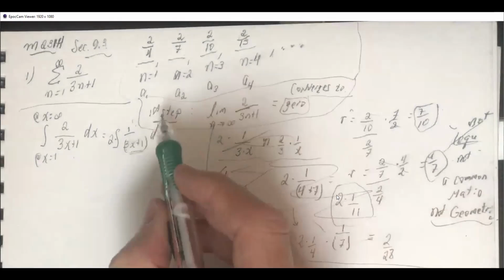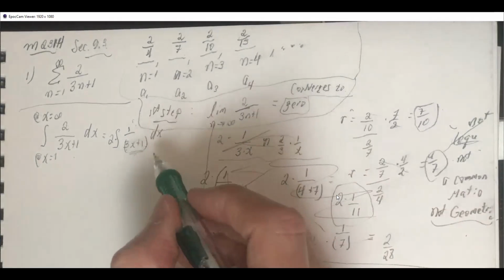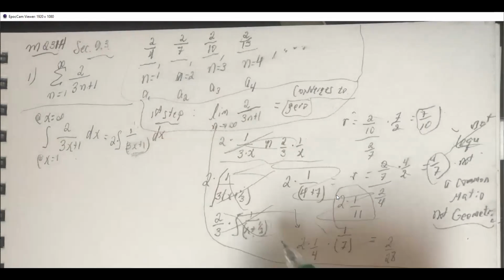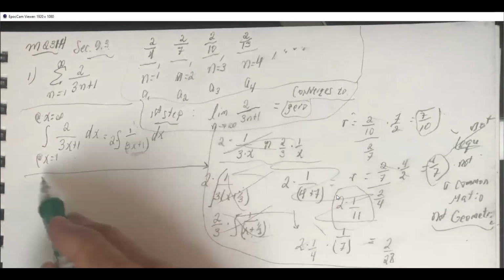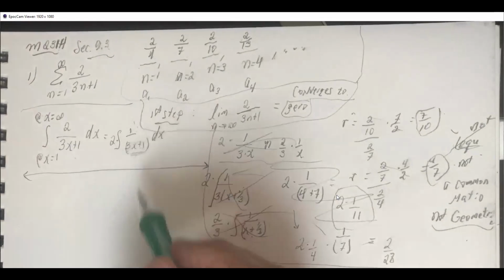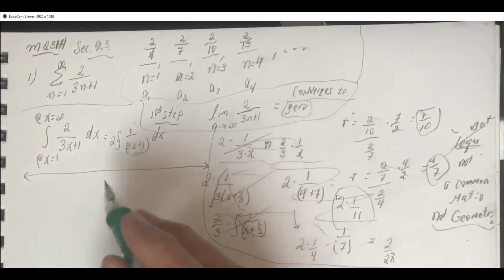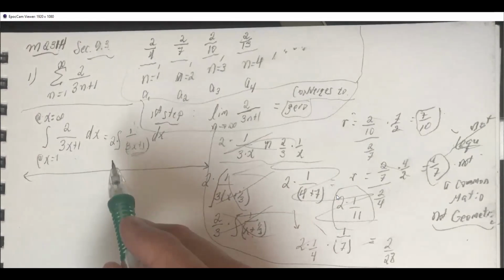But I hope you agree, we will be able to integrate this. And also we could have integrated it if we would have factored the 3 out, but then it would have been this plus 1/3 instead. Since we know that we can integrate this if we're allowed, meaning if the 3 conditions are satisfied to use the integral series test, then when we go about integrating this improper integral, we will be able to anti-differentiate it.